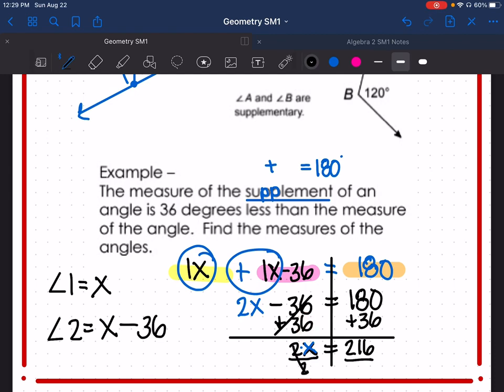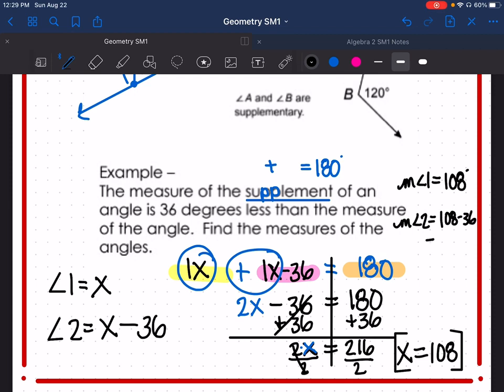Divide by 2, divide by 2. X equals 108. There we go. Now find the measure of each of them. The measure of angle 1 would be 108 degrees, and the measure of angle 2 would be 108 minus 36, which would be 72 degrees.